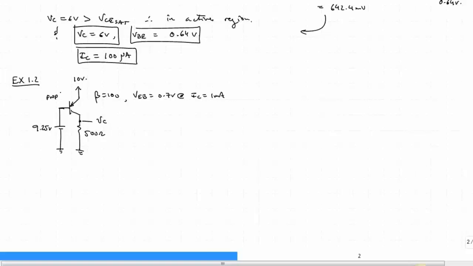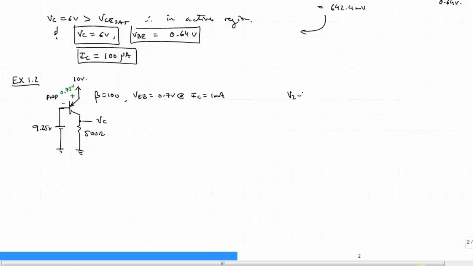So if we look at this a little more closely, we see that the voltage between the emitter and the base is 10 minus 9.25, so we have 0.75 volts. So in this case, we have to use the exponential large signal model for the transistor, because we certainly can't assume a base emitter or emitter base junction voltage, as 0.75 is forced upon us. So we're going to use the Shockley equation again.